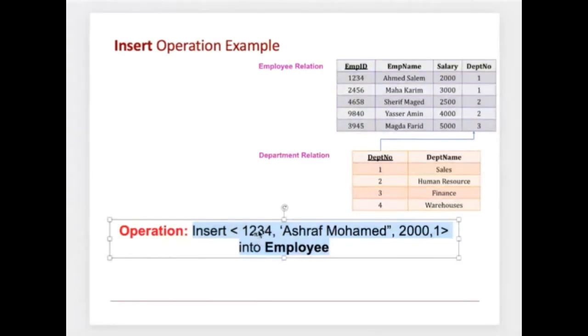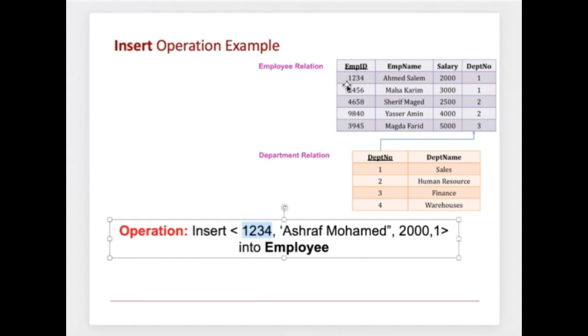If you try to insert 1, 2, 3, 4, this goes to employee ID. Check employee ID. Is there 1, 2, 3, 4 already in this table? Yes, the first record is already 1, 2, 3, 4. Employee ID is the primary key, and what is a primary key? The two properties of a primary key are that it cannot be duplicate and it cannot be null. Here, when you are inserting 1, 2, 3, 4, you are inserting a duplicate value.